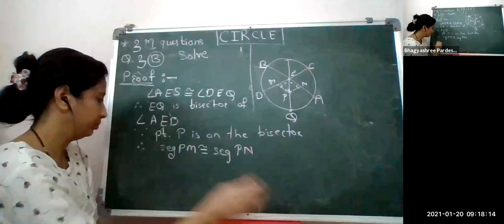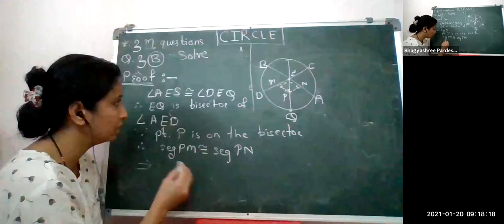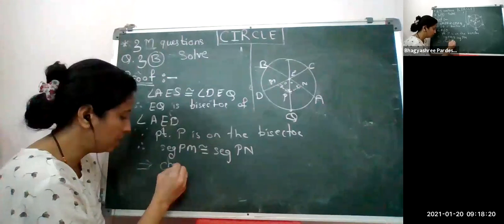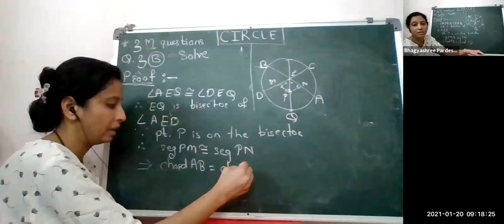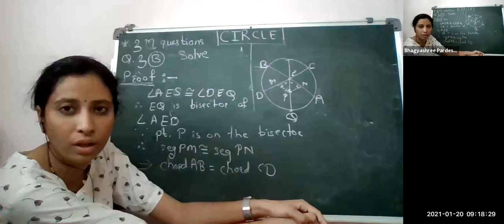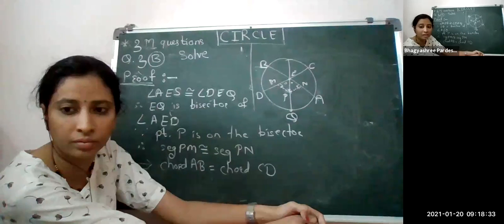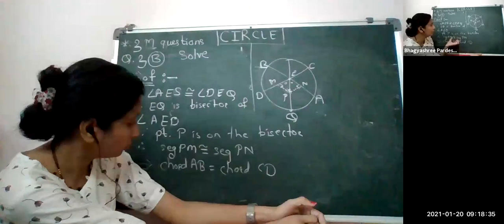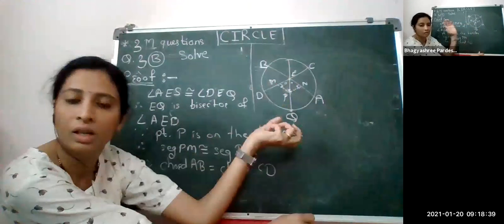And this implies that, directly, chord AB is equal to chord CD. Why are these two things equal? Can anyone tell me the reason? The reason is, since the perpendicular distances are equal, therefore the chords are also equal, right?